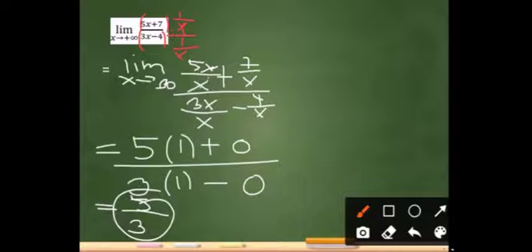So now let's proceed to another example. How to evaluate the limit as x approaches positive infinity of (x squared + 7x + 10) over (x^5 - 4).